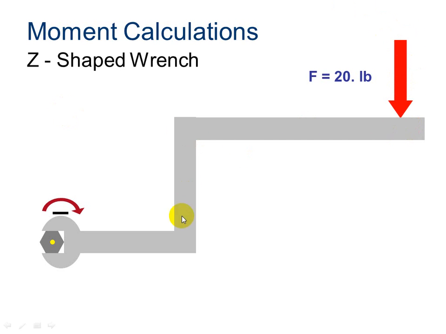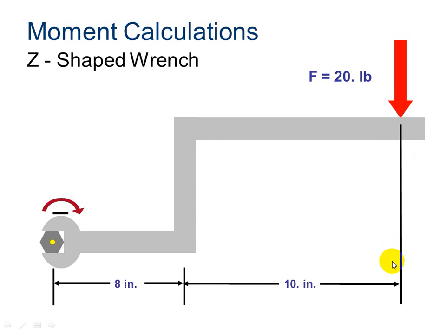So this is no longer the distance that we use, because this distance is parallel to my force. I'm going to want the total distance from the pivot point to the force, and the distance and the force need to be perpendicular to each other. So to calculate the moment, I'm going to want to use the distance 18 inches.